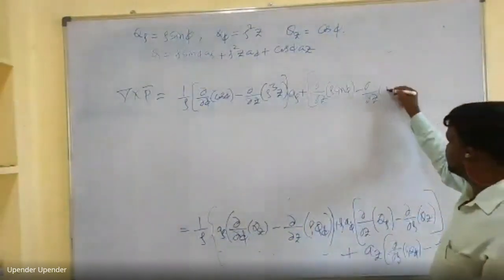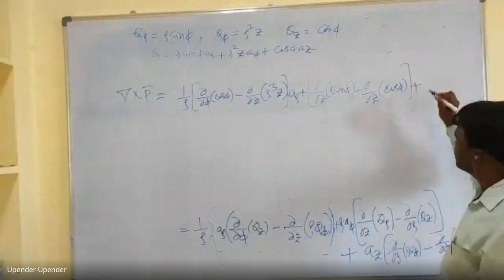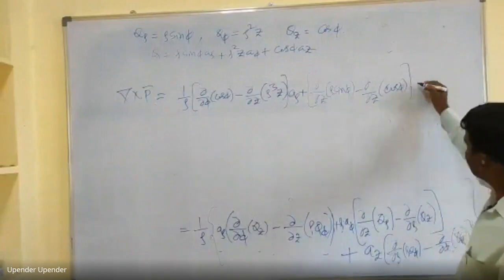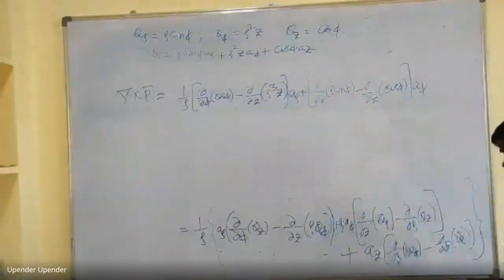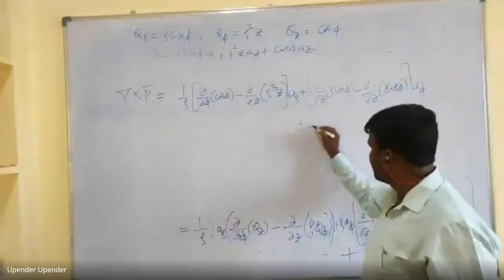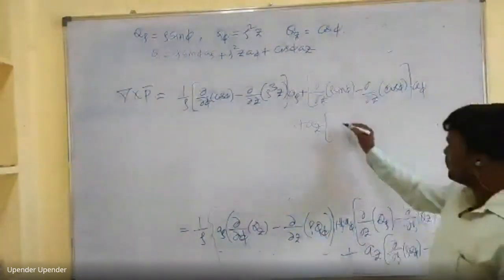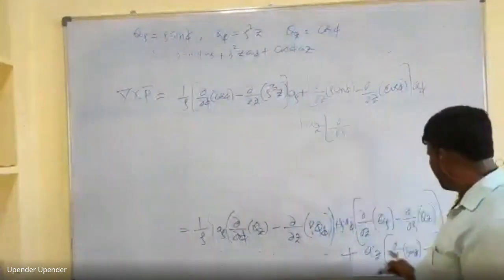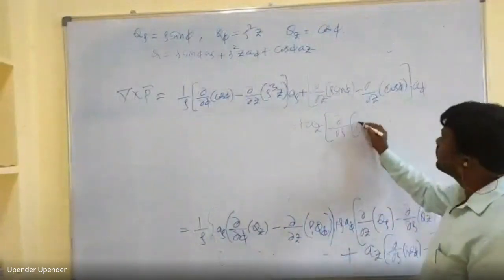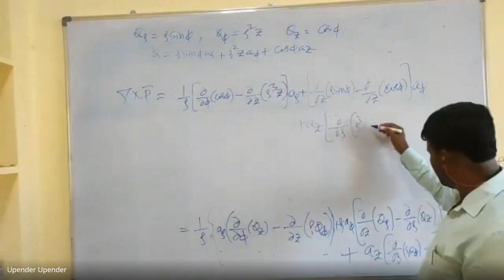What is Qz? Cos pi. Plus, of course, a pi. I am writing the last term, that is a z here. A z into dou by dou rho of rho into Q pi, that is rho cube z.